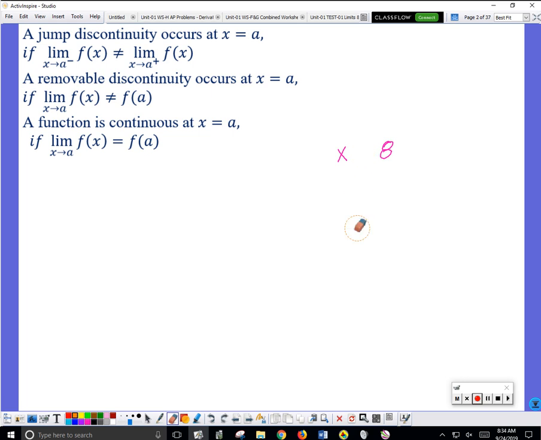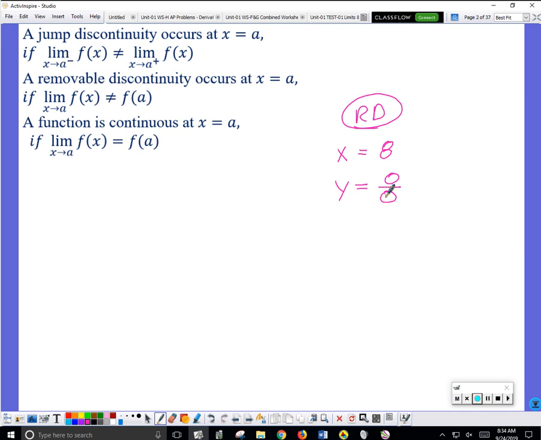So if I plug in x equal 8 into some function, and the y value becomes 0 divided by 0, that's a removable. This type of function behavior will cause the left and right limits to be the same, but those left and right limits will be different than the function's value. That's a removable discontinuity.